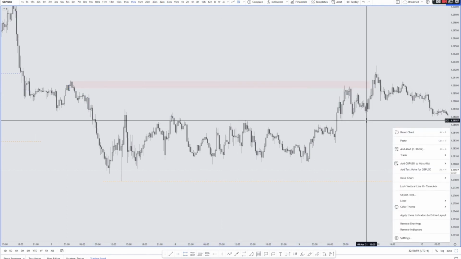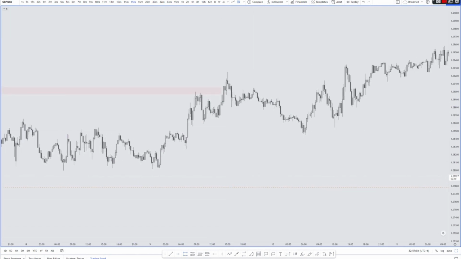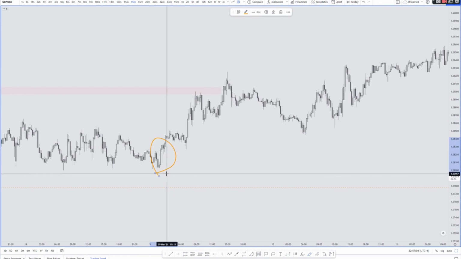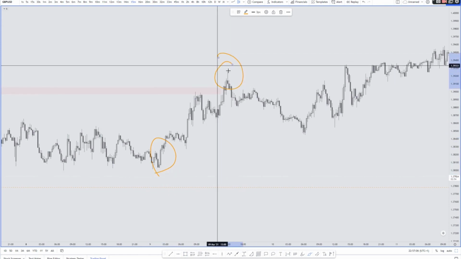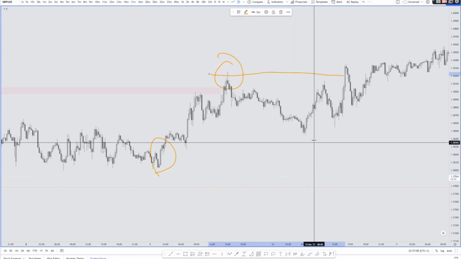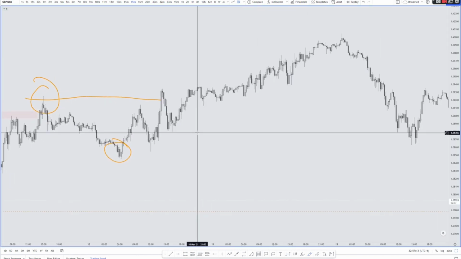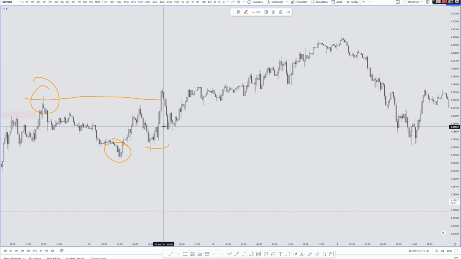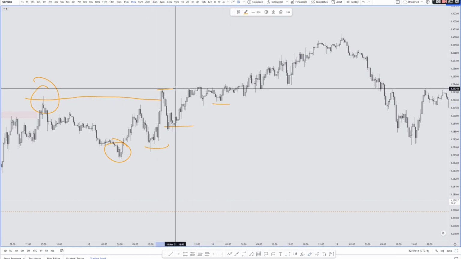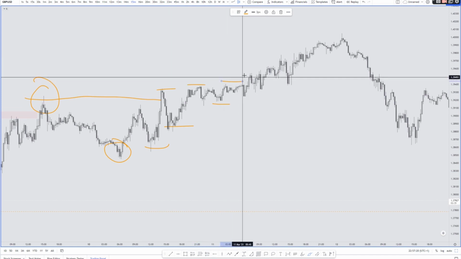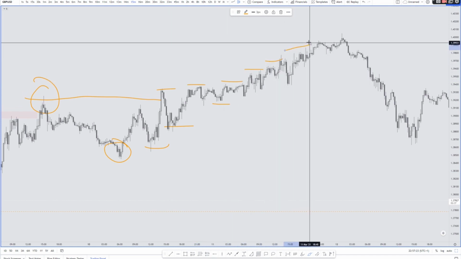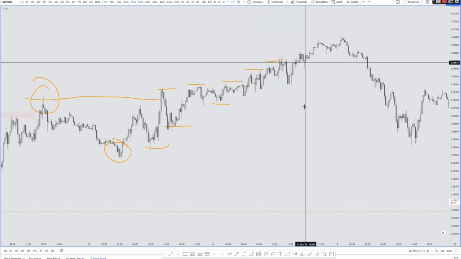And at this point, we could start building a narrative that now this point becomes strong because it put in a new high. So every time this high gets run, the low that did it becomes strong and should not be run. And you could see that there would be quite a few trade ideas formed off all of these lows, continuously running these highs until the trend ends and pulls back because of a higher time frame.